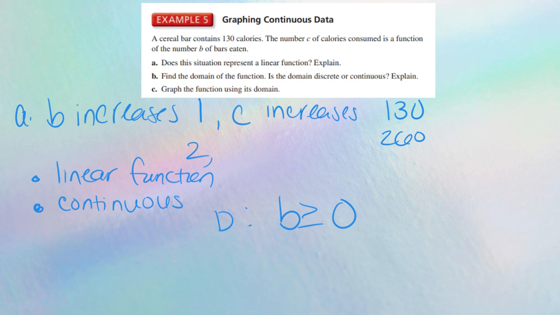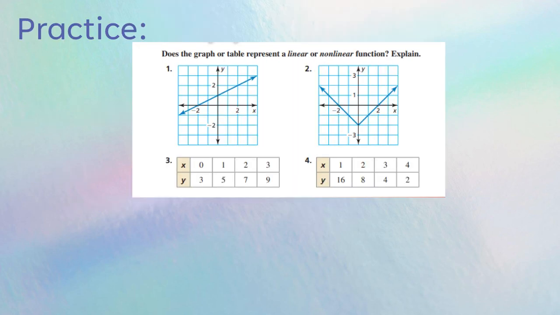But it has to be more than what? 0, to start. So 1 is greater than or equal to 0. If you decide not to eat any bars, then 0 is greater than or equal to 0. Is that correct? But what if you want to eat 1 or 2? Is the B always going to be bigger? It's always going to be greater. Got it? Let's go on to now just identifying.